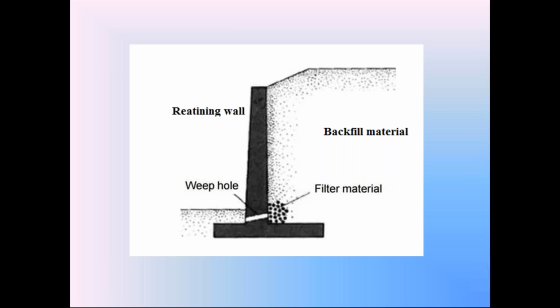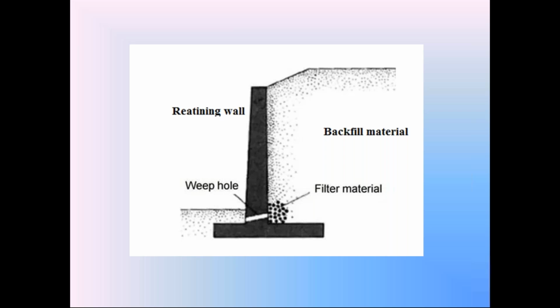But sometimes, due to construction defects or due to large earth pressure on the backside, the retaining wall may have a small horizontal movement, some millimeters, not even centimeters.